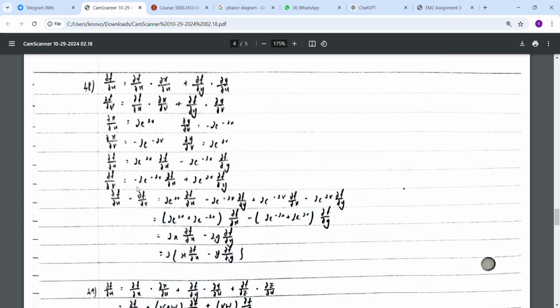Because the question does not give a value of z, we just do it like this. After we find ∂f/∂u and ∂f/∂v, we can insert them into the equation ∂f/∂u minus ∂f/∂v, so that we can find the final answer.